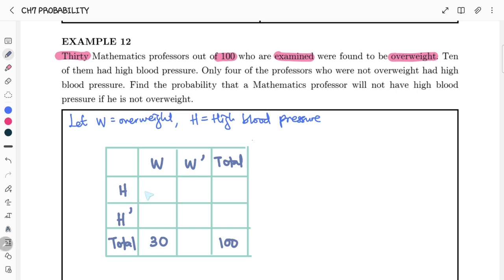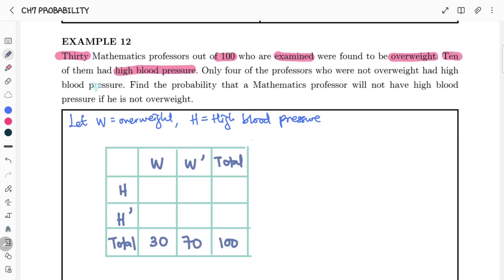So the total of them that have high blood pressure is 10. So the ones that don't have high blood pressure is 90, and the ones that aren't overweight are 70.